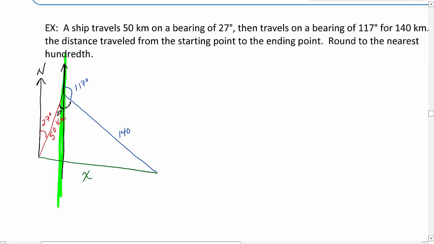Therefore, we can find the second half of that angle, knowing that it's supplementary to 117 degrees, and that gives us 63 degrees. Well, if we add up 27 degrees plus 63 degrees, we get 90 degrees, and here we do have a right triangle. So I'm going to draw a breakout triangle to the side.